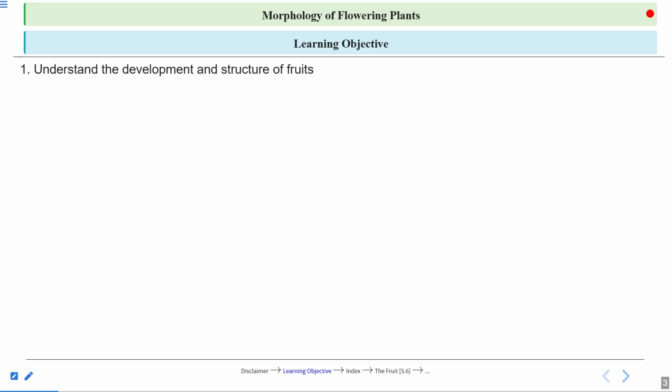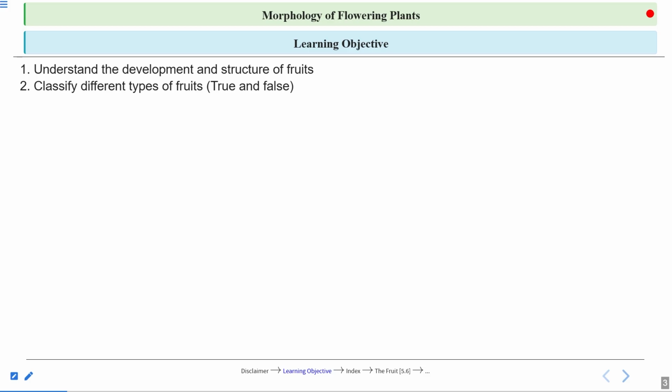To understand the development and the structure of fruits. Today we are going to understand how the fruits are formed, what its structure is and how it gets developed.